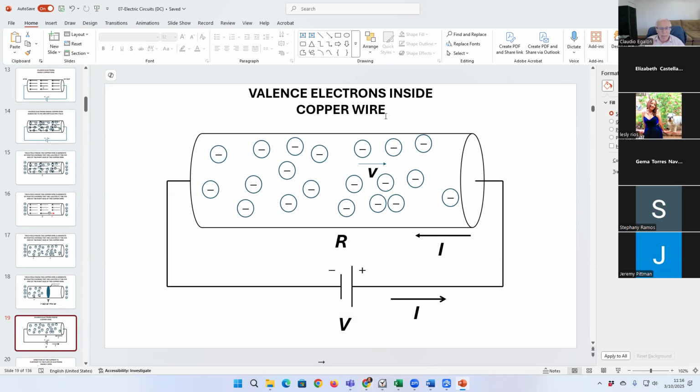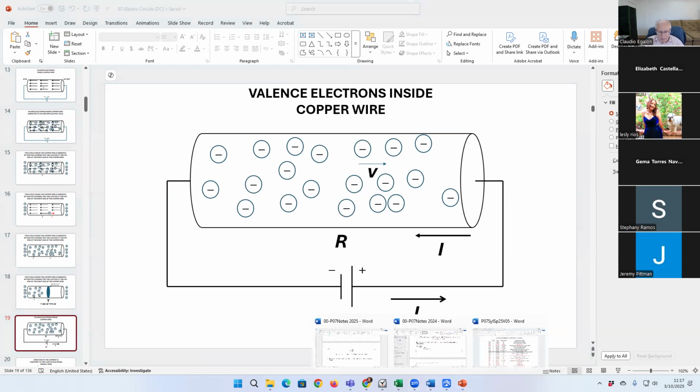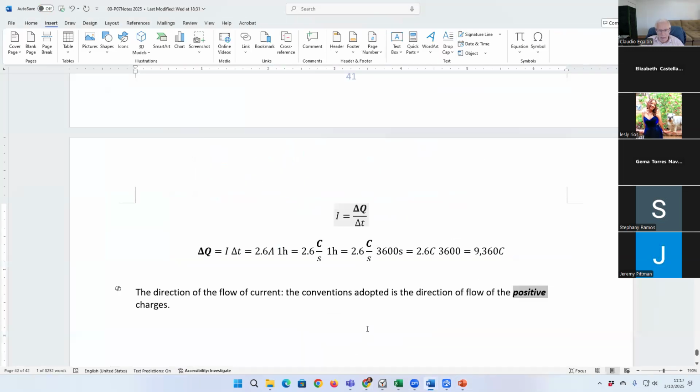And it became established that the direction of flow of the current would be in the direction of flow of the positive charge. And since the discovery of the electron, nobody bothers to change that convention. Okay? Just a matter of convention.